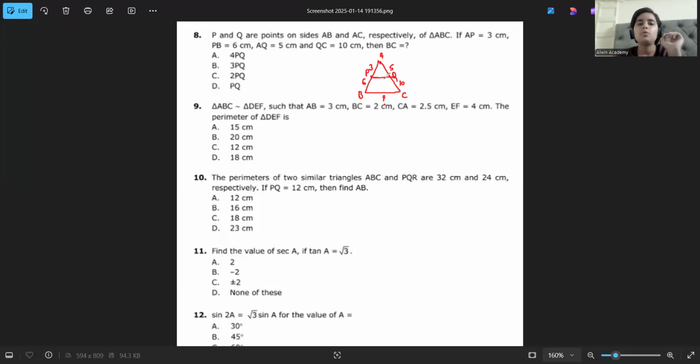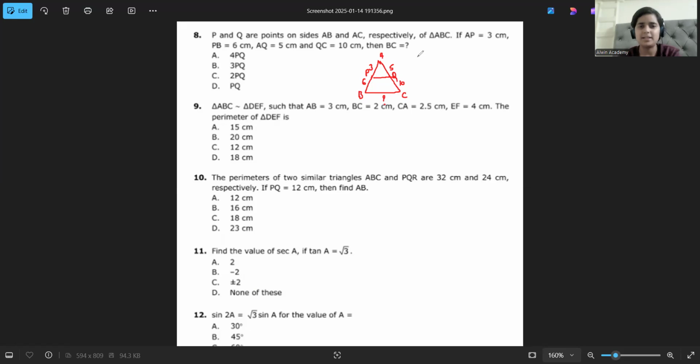Now I can prove triangle APQ and triangle ABC similar by SAS similarity. And with these, we can say that these two triangles would be similar.